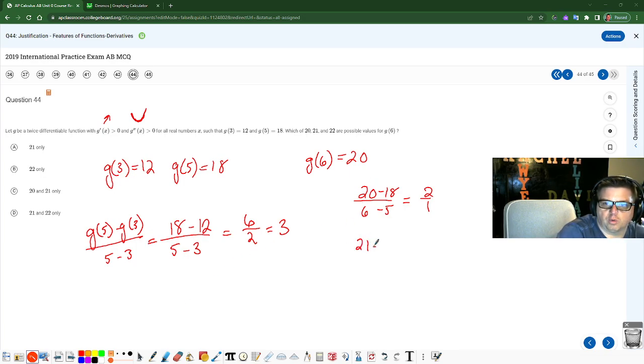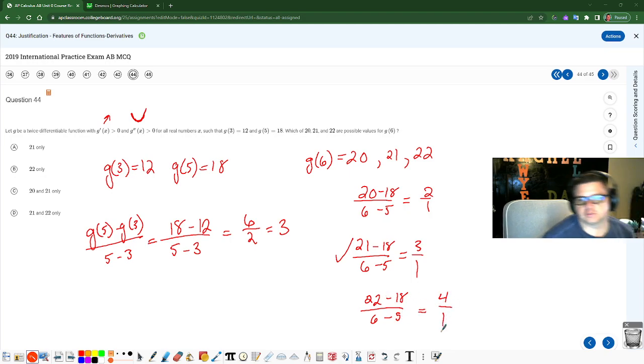If we do 21, 21 minus 18 over 6 minus 5, we get 3 over 1. That's okay. If we do 22 minus 18, and then 6 minus 5, we get 4 over 1. So this one checks off as well.